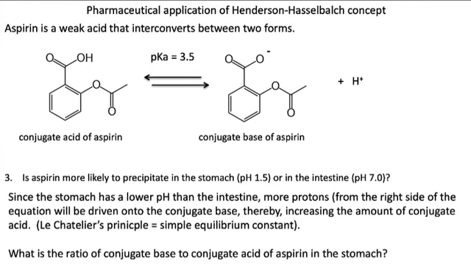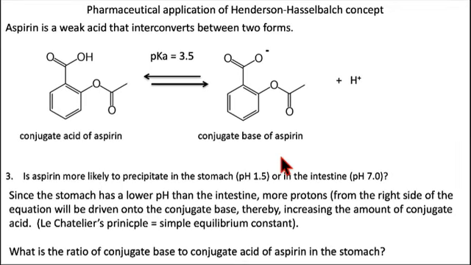So the stomach has a lot more protons than the intestine, and when there's a whole bunch more protons, they'll tend to stick to the conjugate base to form more of the conjugate acid. And since we said the conjugate acid is more likely to precipitate, precipitation in the stomach is more likely than in the intestine. Furthermore, how much more conjugate acid will there be than conjugate base in the stomach? What will the ratio be?